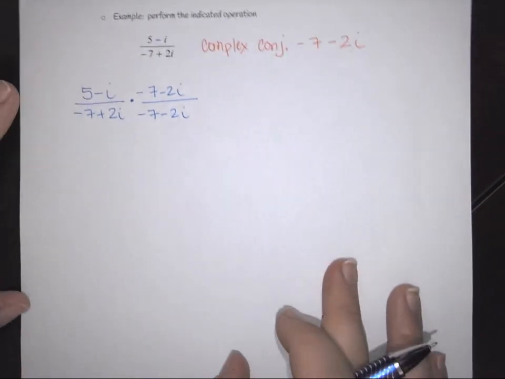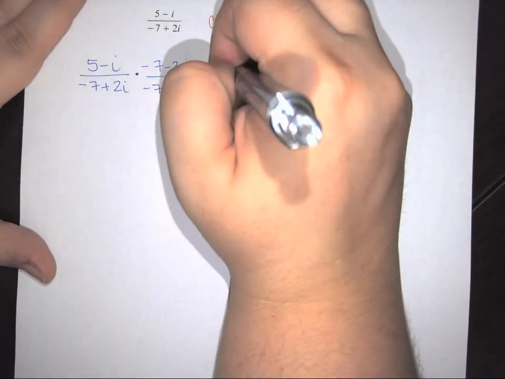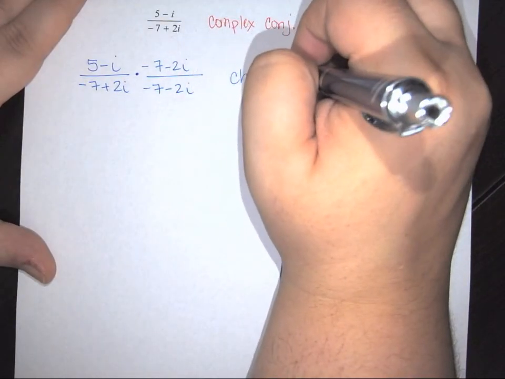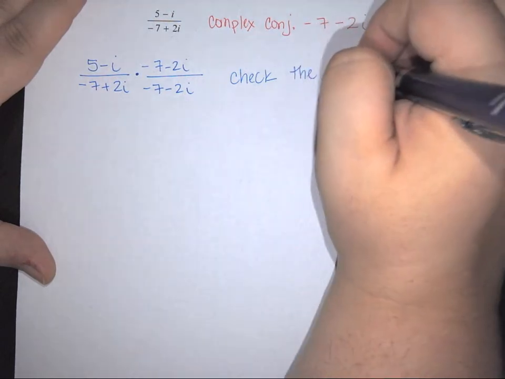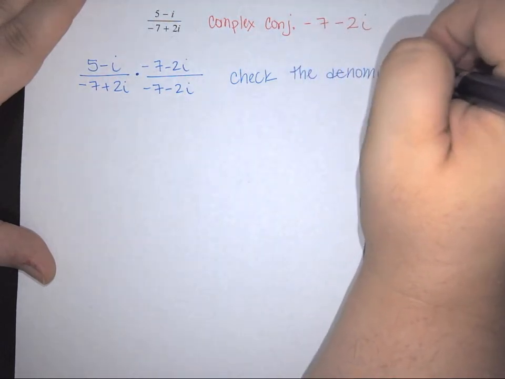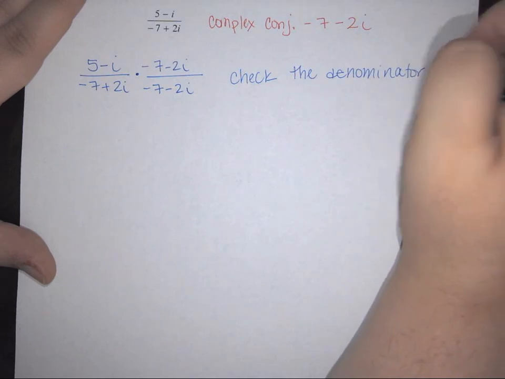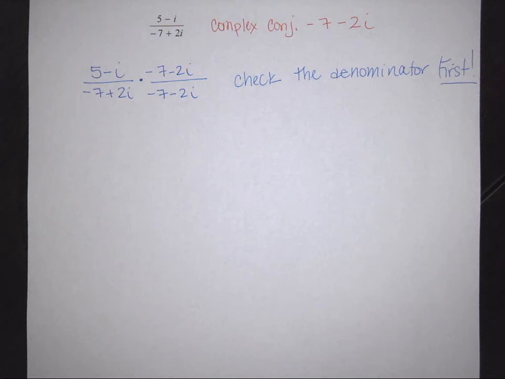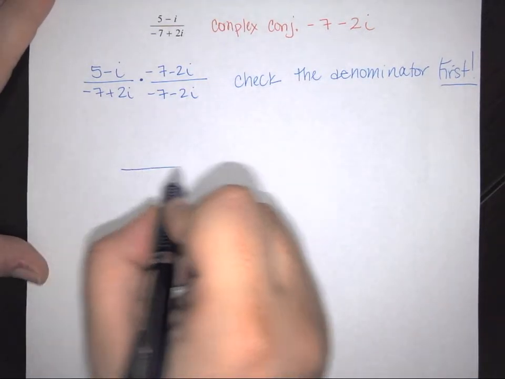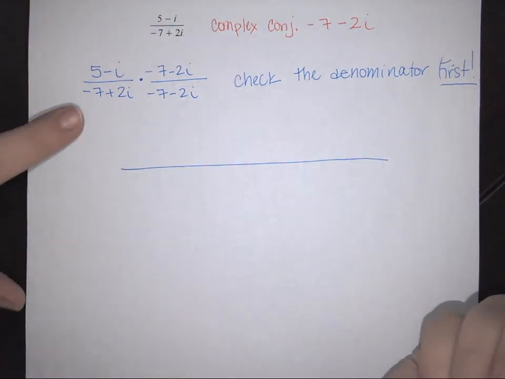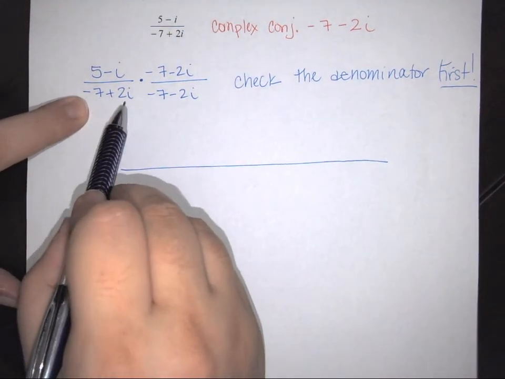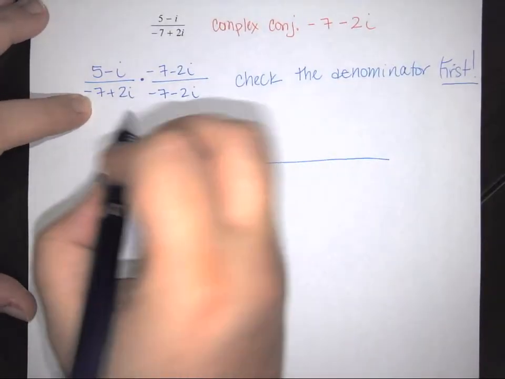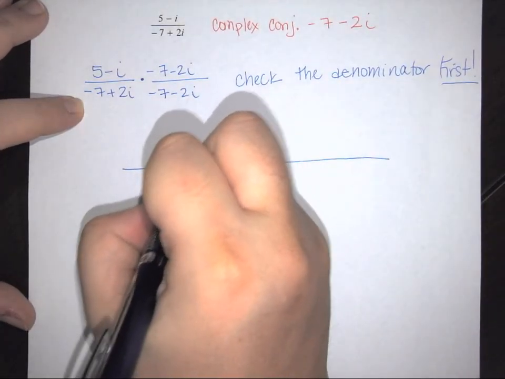The biggest advice I can give you here is this. You want to check the denominator first. Since your goal is to have removed the i term from the denominator, that is where you want to start. Because if you've made a mistake in your calculations, the place it's going to show is in the denominator. So here, I'm going to look at my denominator. So I have negative 7 plus 2i and negative 7 minus 2i. So negative 7 and negative 7 is going to give me 49.